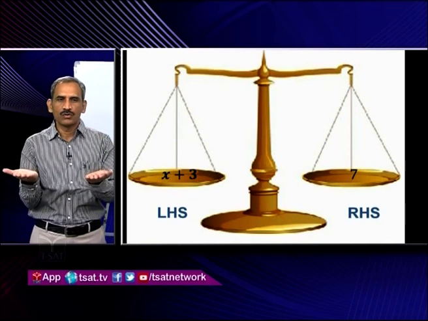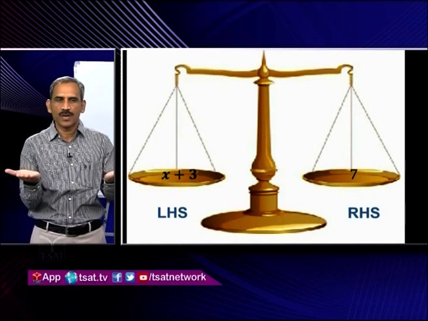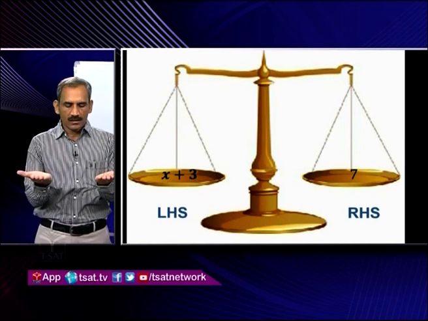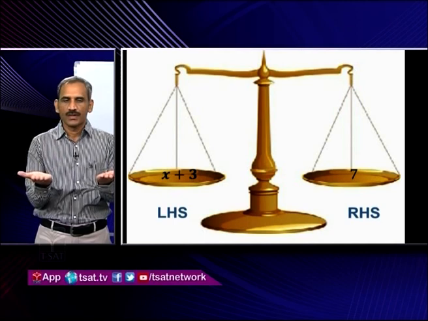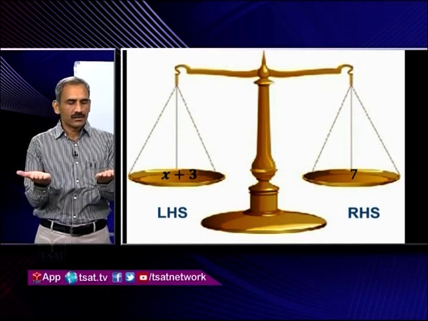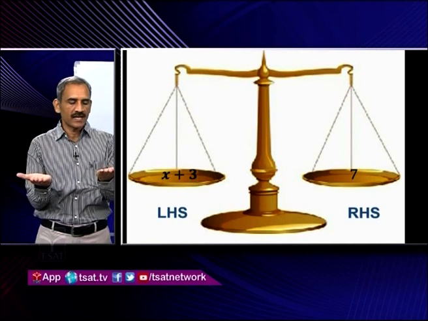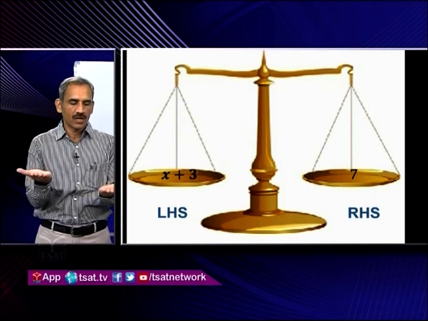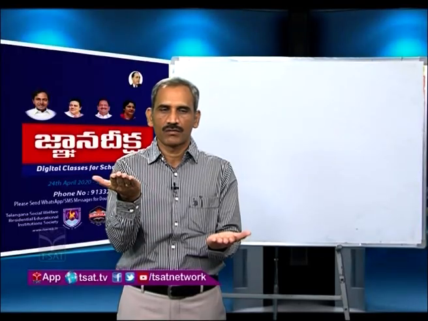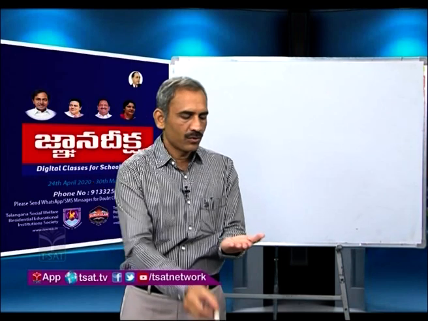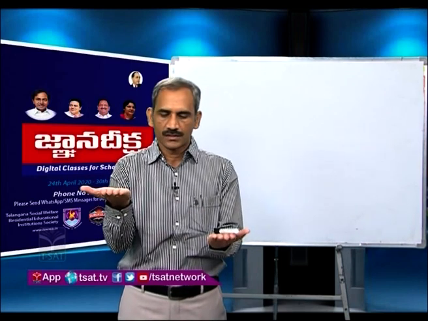If this is LHS and this is RHS, and if you add some weight to this LHS, what will happen? This will come down and this will move upward. Here, I am putting one pen here. So, it will be like this.